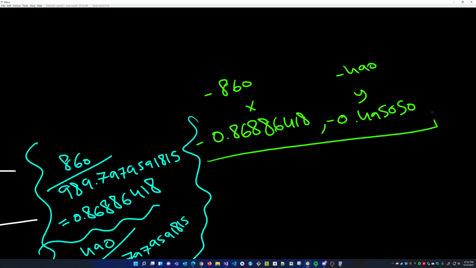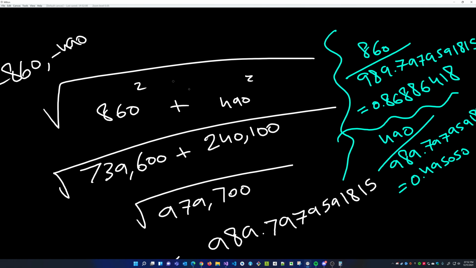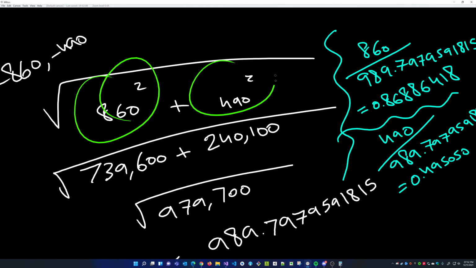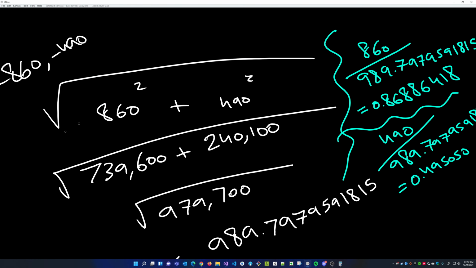Now I need to find the magnitude of this vector, just to prove to you that this is a unit 1 vector. So these two x and y values should give me a number 1, or unit 1. So let's try to prove that. We need to do the same operation: square both of these, add them together, and get the square root.